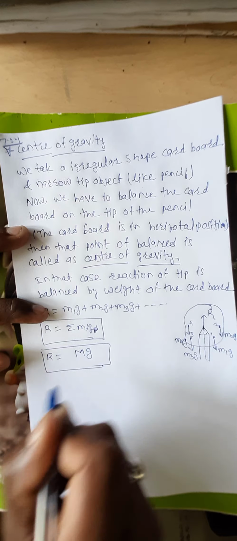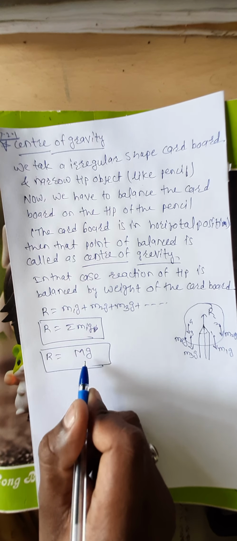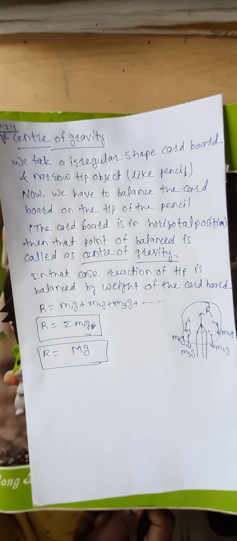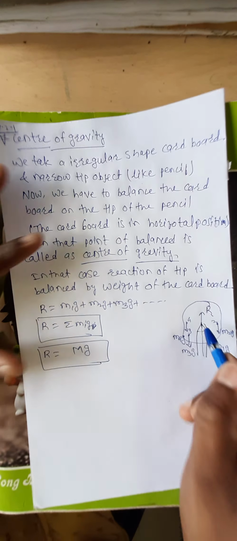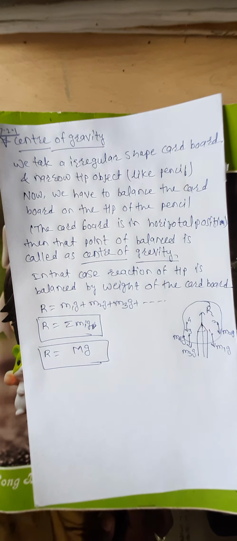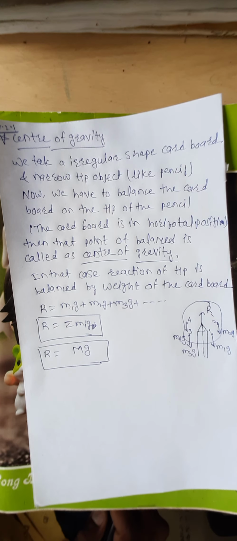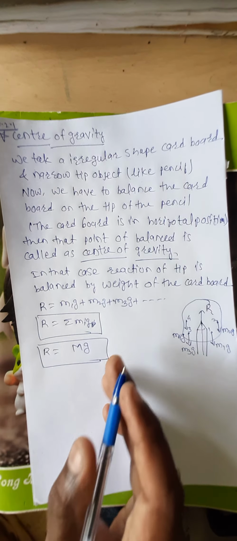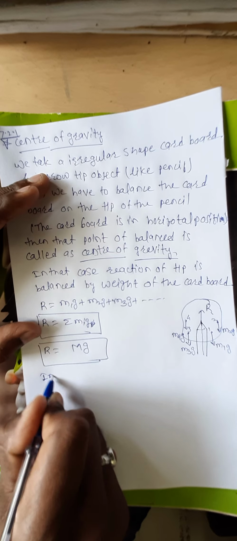Therefore this is mg, which is the total weight of the cardboard. The reaction in the upward direction at the tip of the pencil is balanced by the total weight of the cardboard.